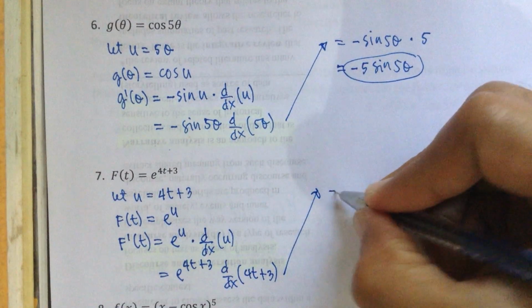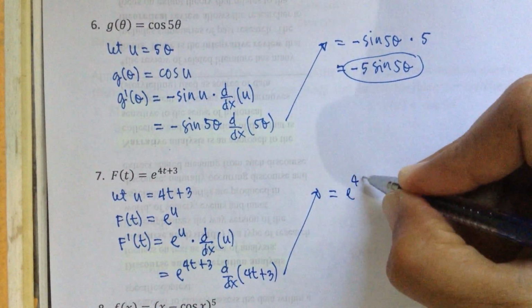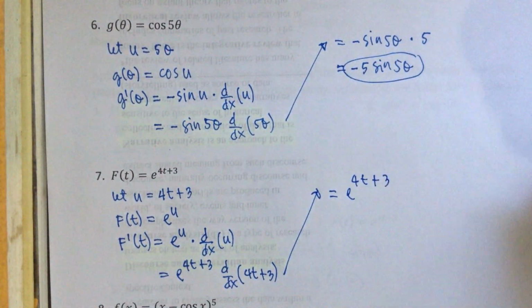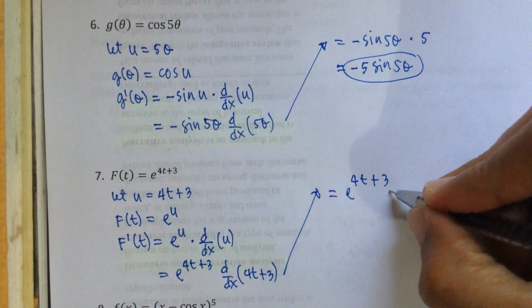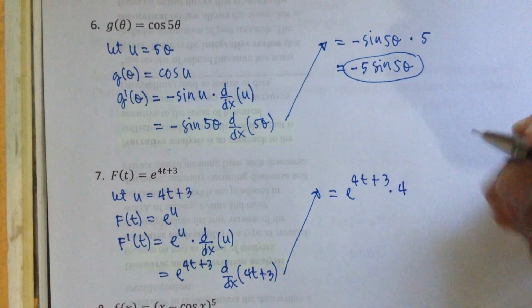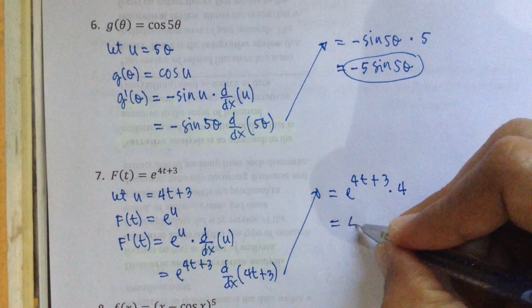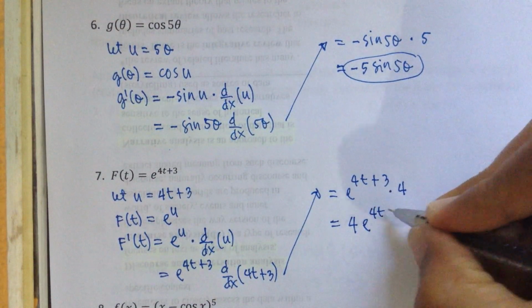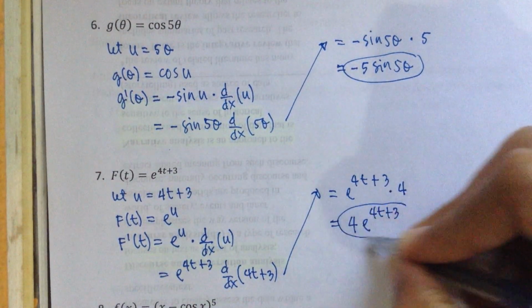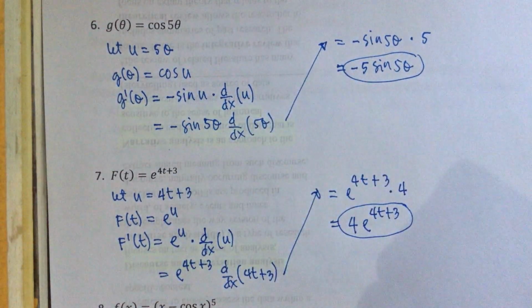And we have here e to the 4t plus 3 times the derivative of 4t plus 3, which is 4, right? And you can write your answer as 4 times e to the 4t plus 3 for the derivative of e to the 4t plus 3.